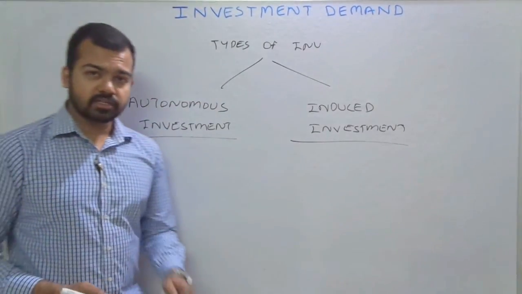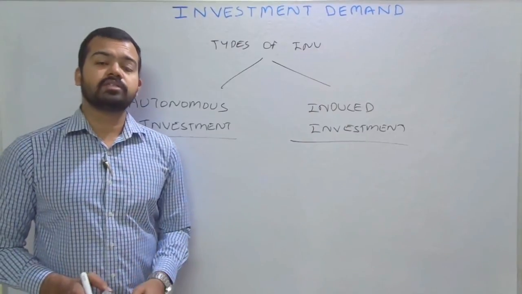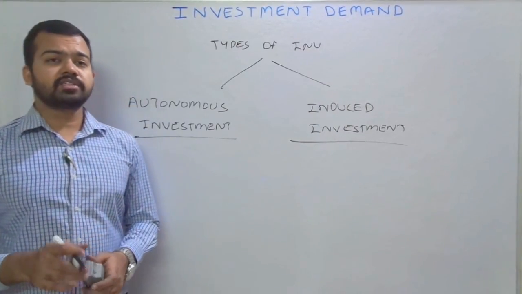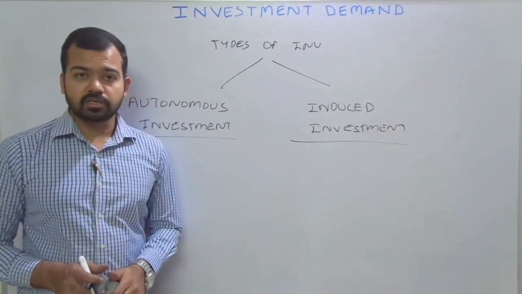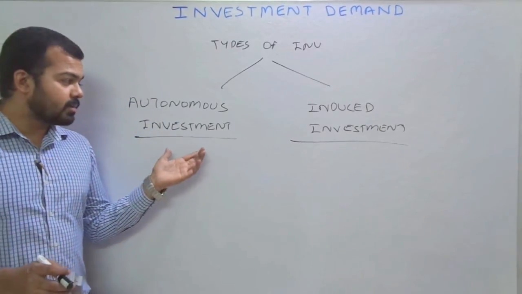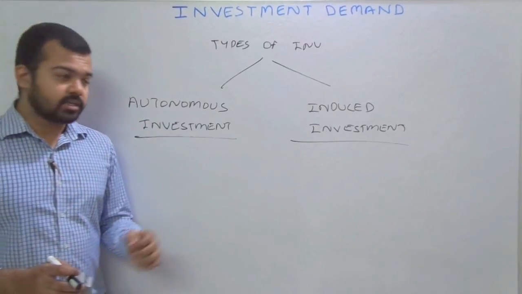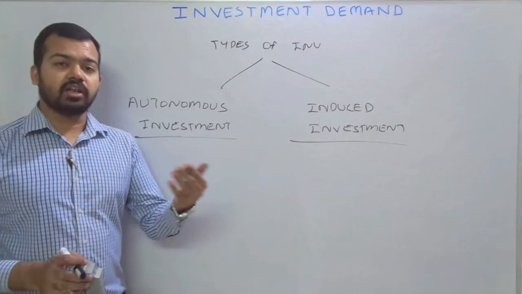Autonomous investment depends on factors such as population growth and technological progress, but it does not depend on changes in the level of income. The point is that autonomous investment does not belong to changes in the level of income.